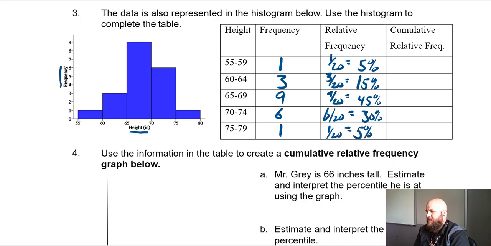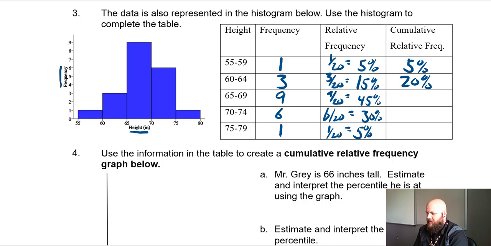Okay? Now, cumulative relative frequencies mean they add up as you go on. So we started out with the initial 0 plus 5% is 5%, right? And then you add this 15%, so the cumulative should be 20%.